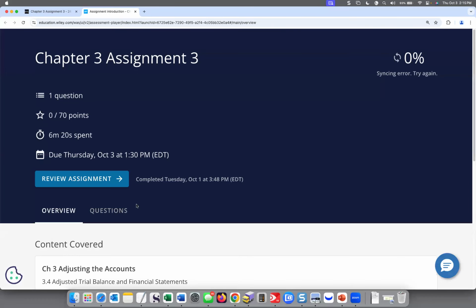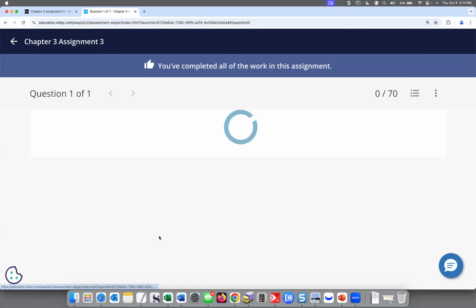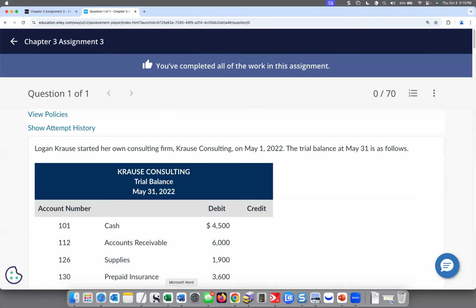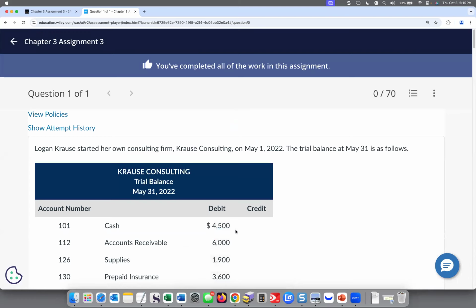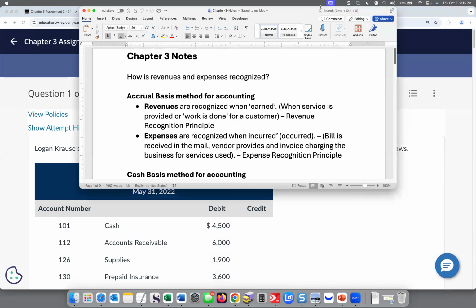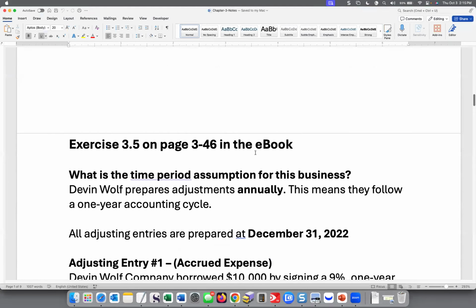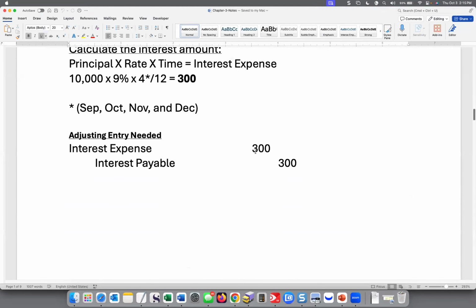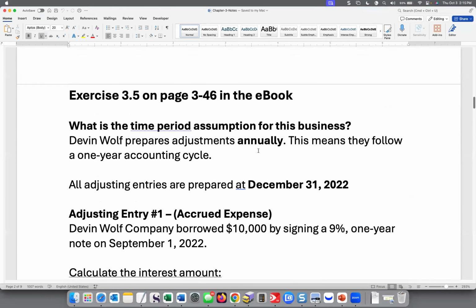So first things first, what I want to do is jump in here, and I'm going to put this actually in our notes. Okay, so I'm going to grab the chapter 3 notes, and we're going to do some calculations just like we did in the in-class problem or exercise that I reviewed. So I'm going to go down and actually copy one of these areas here.